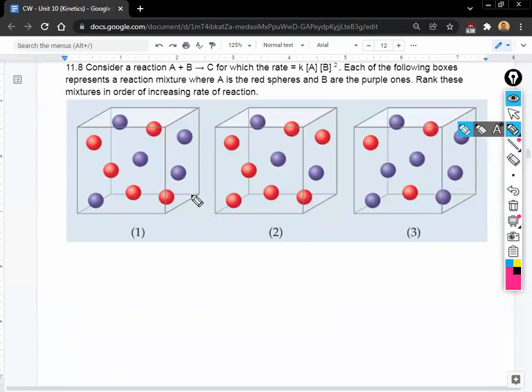Okay, so I'm going to do the first one for you, and hopefully that'll help you figure out 2 and 3. I'm going to copy down the rate law that we have in the problem. The rate law is k times the concentration of A times the concentration of B squared.